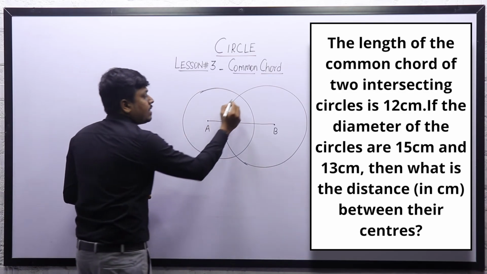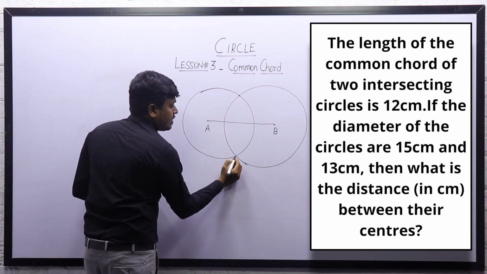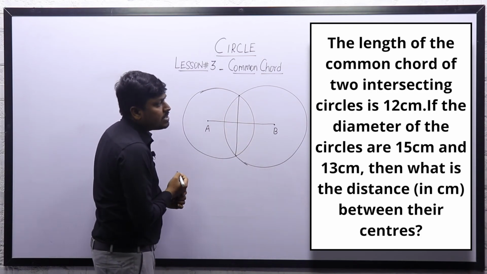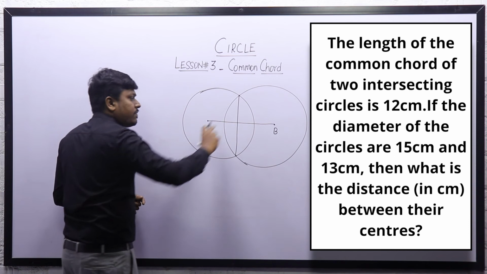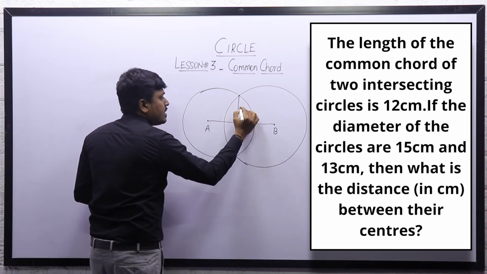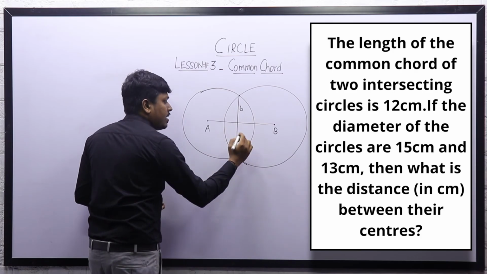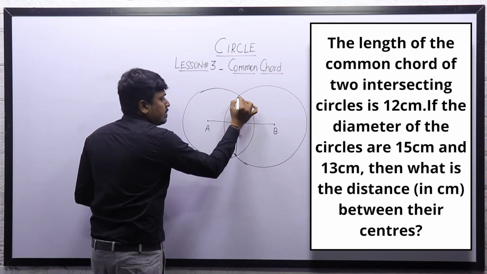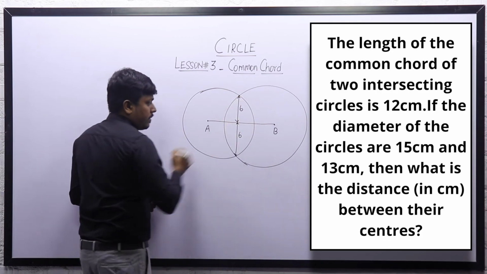And also they are telling that at the intersecting points there is a chord. The chord length is also given, how much centimeter? 12 centimeter. So if the total distance is 12 centimeter, then this small distance will be 6 centimeter. Similarly this distance will be 6 centimeter, because this line always splits the chord into two equal halves.